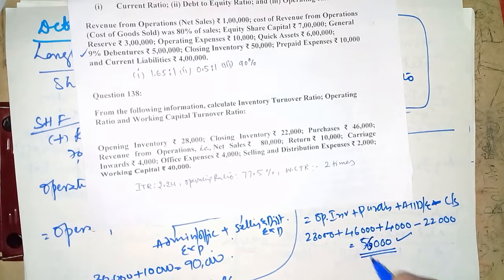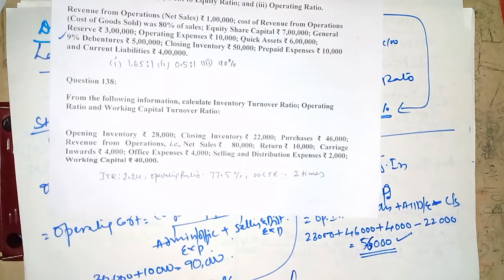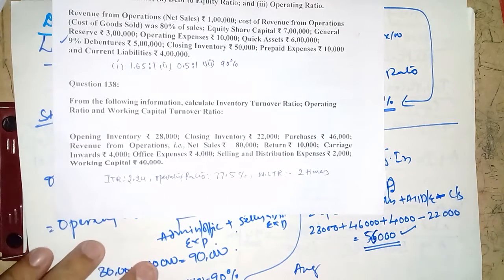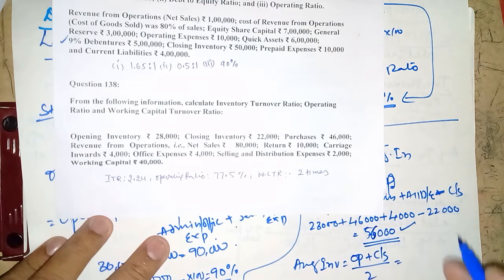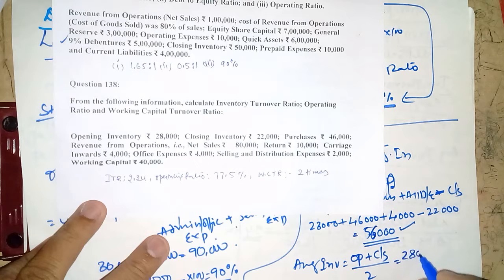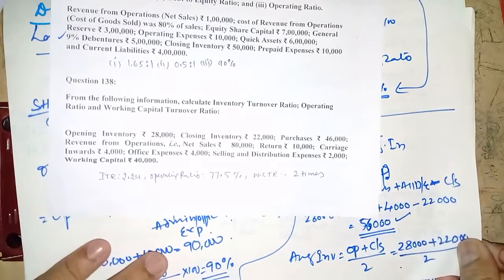So COGS is 56,000. Once we have COGS, we need to have average inventory. Average inventory is equal to opening plus closing divided by 2. So opening inventory is 28,000, closing inventory is 22,000, divided by 2. So 28 plus 22 is 50, divided by 2 is equal to 25,000.